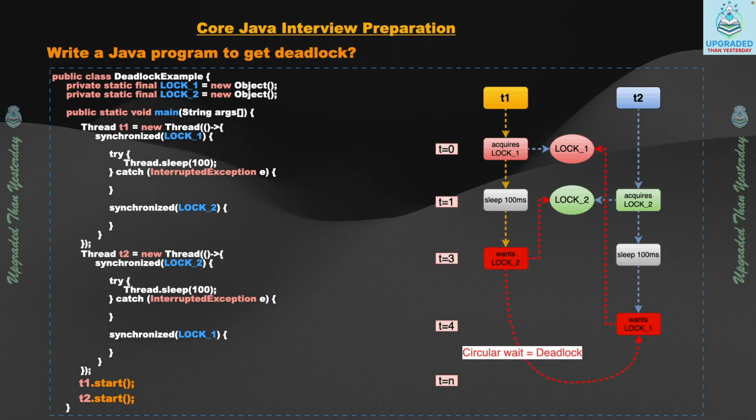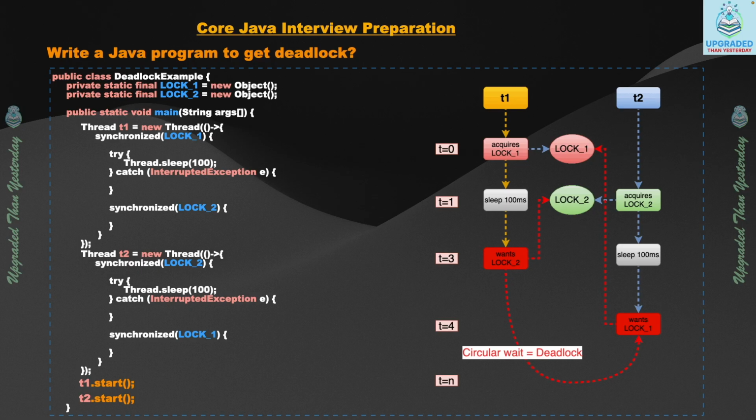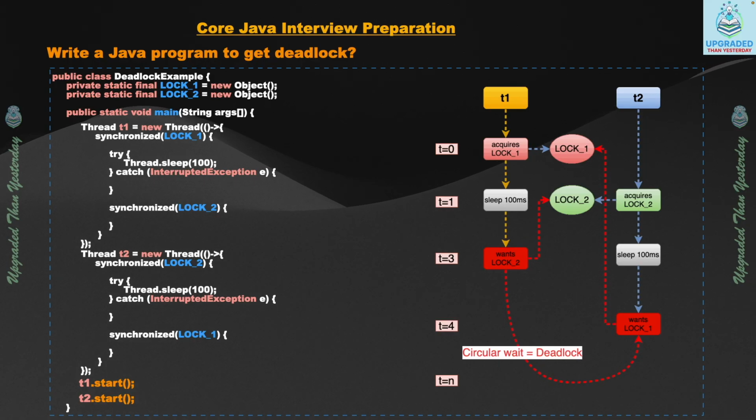Now let's understand how the program is going into deadlock. Both the threads T1 and T2 started execution at the same time. Suppose T1 got log1 first, acquired it and went on sleep for 100 milliseconds. By that time, T2 got log2, acquired it and went on sleep for 100 milliseconds.